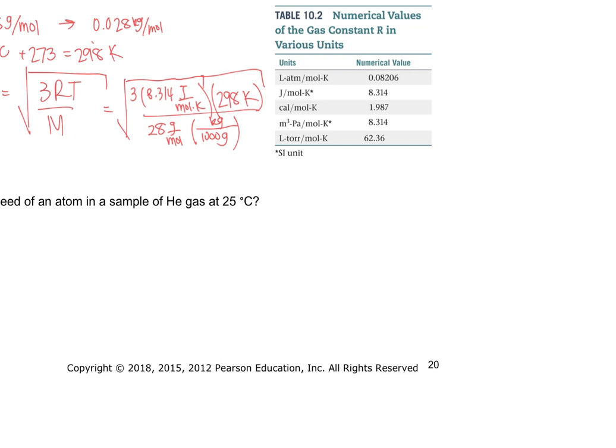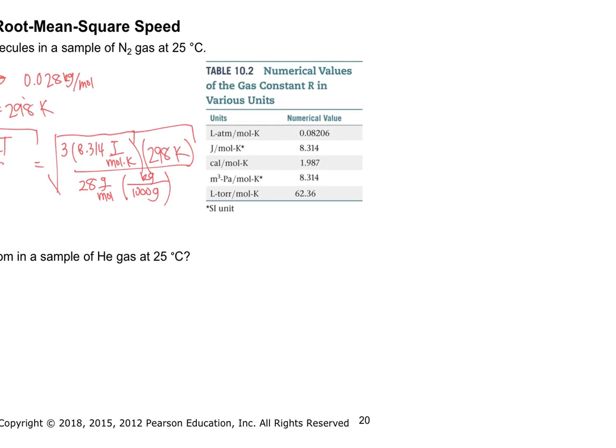On the side here, I'm going to show you how those units cancel out. So I'm just going to do the numerator first. A joule, as I mentioned, is a kilogram meter squared per second squared. Okay, that's the joule. So we have a joule per mole Kelvin for our gas constant. We multiply it by Kelvin with our temperature, and then we divide it by kilograms per mole.